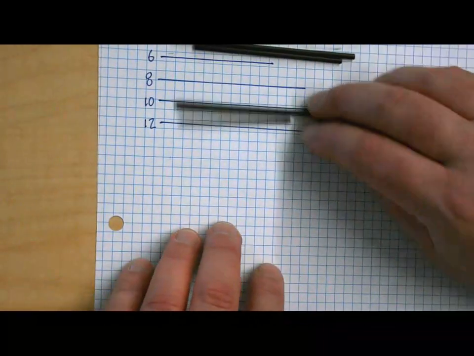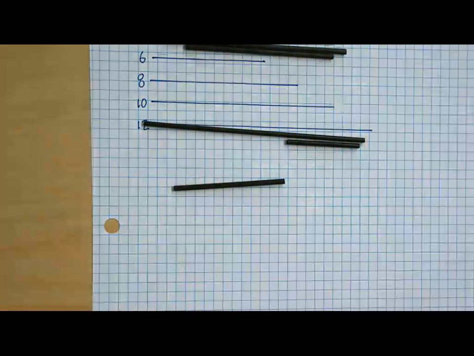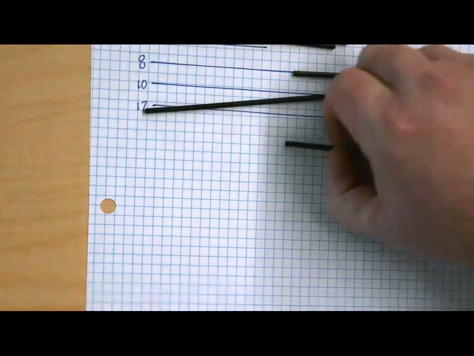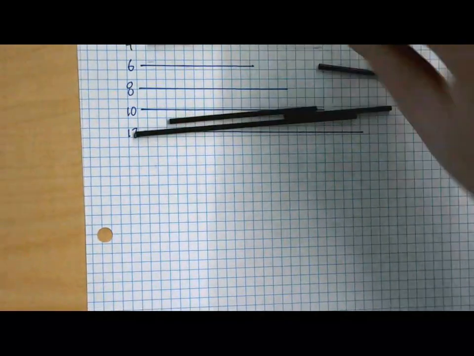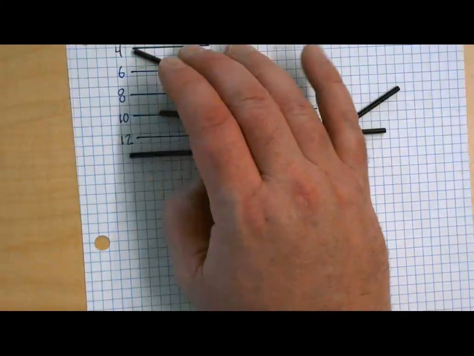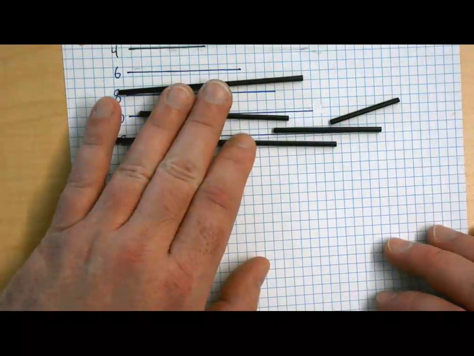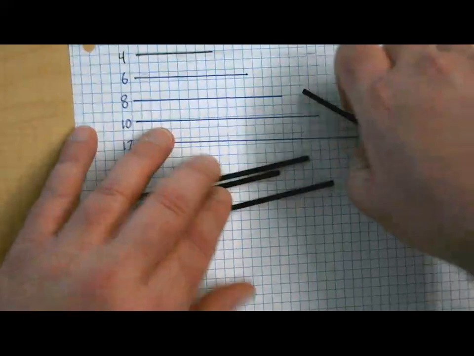Can you find me another one that does not work? 4, 6, 8 we tried and it worked. What are you trying? What are your 3 sides? 4, 6, and 10.